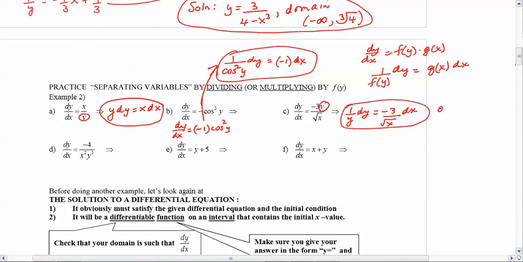Now, another fine answer would be 1 over -3y, and then the dy, and then just leave 1 over root x dx. That would also be a perfectly fine separation of variables, but actually the first case is the better strategy.